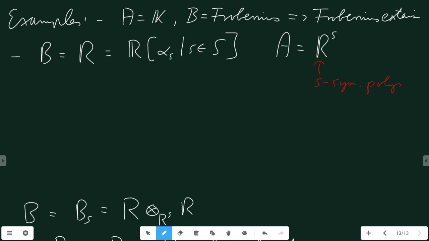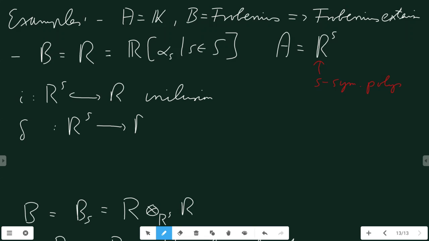Okay, and then there's an inclusion. Well, any symmetric polynomial is obviously a polynomial, so you can just include it. This is just the inclusion. We have a delta map the other way around, and we have seen this delta map actually. This was our Demazure operator.